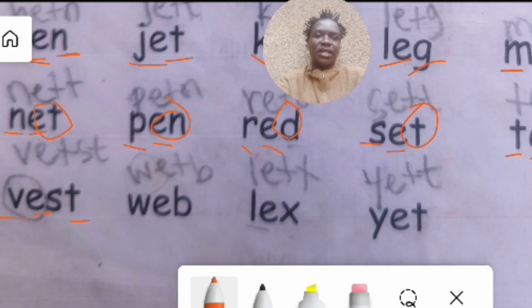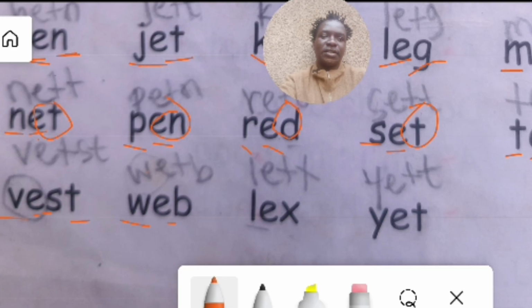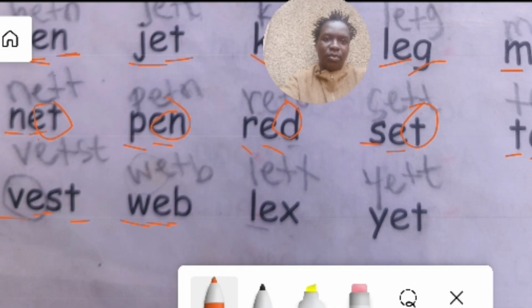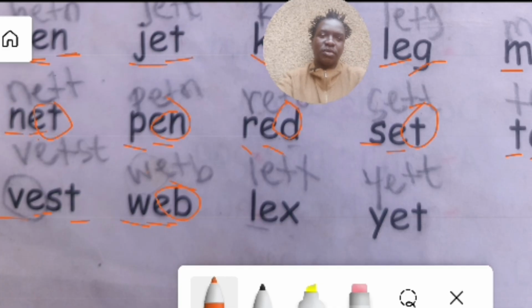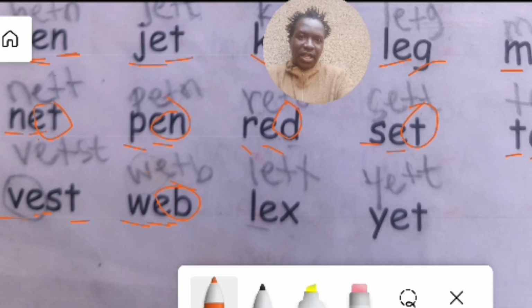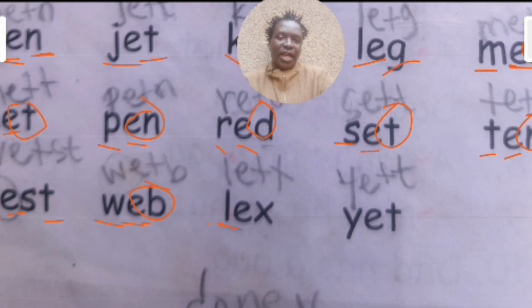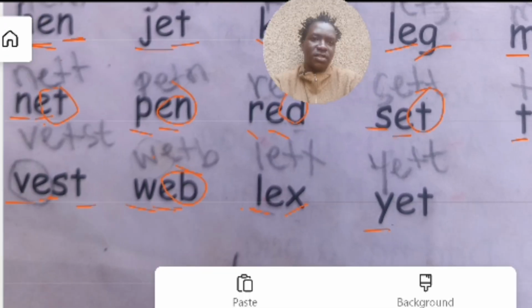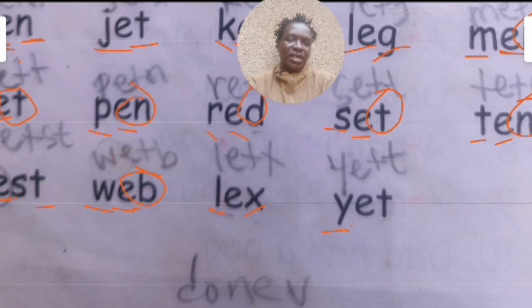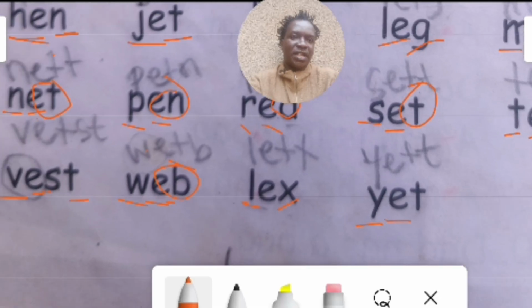And then W, which is consonant, plus vowel A, that is we, plus this B, it will become web. And then consonant L plus vowel A, that is le, with X it becomes lex. Consonant Y plus vowel A, that is ye, with this T, then it becomes yet.